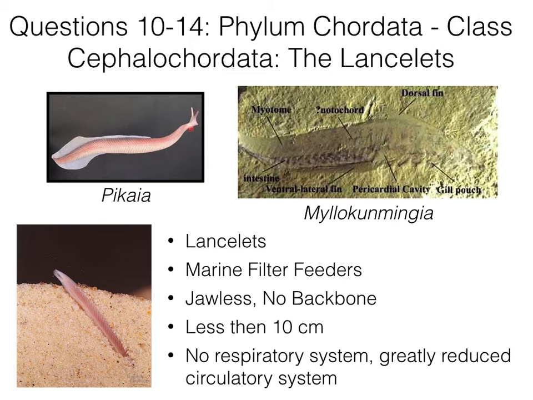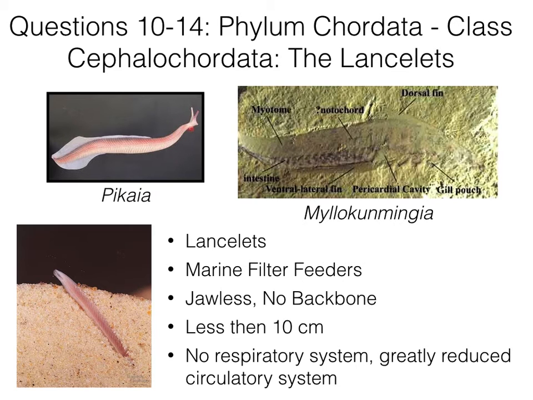Because they're so small and thin, they don't really have a respiratory system. They have a very reduced circulatory system, but what they do have in common with us are all the chordate characteristics.